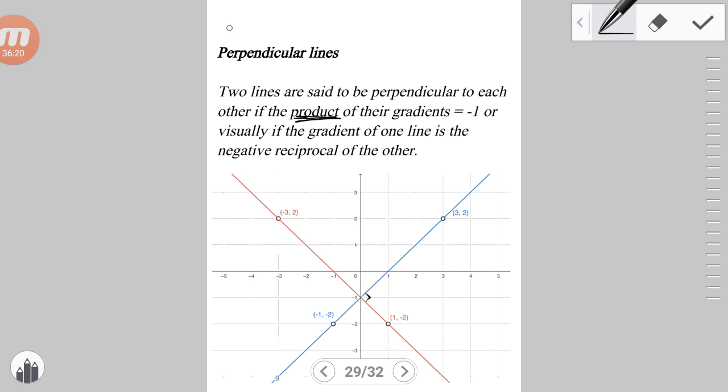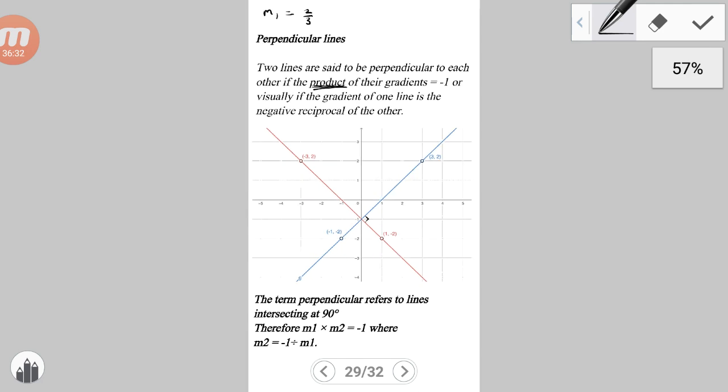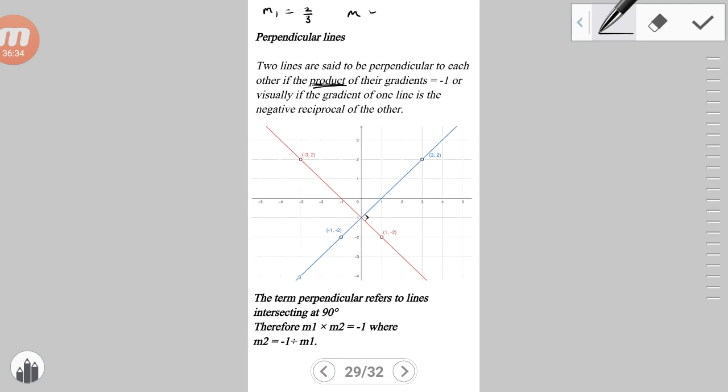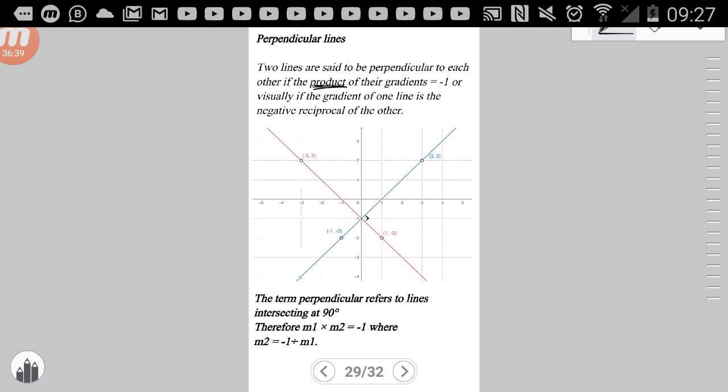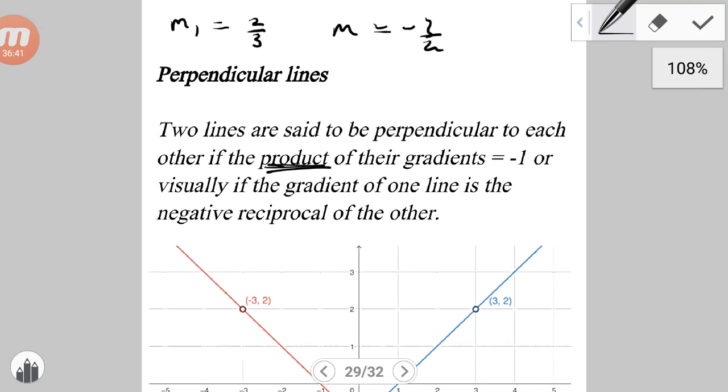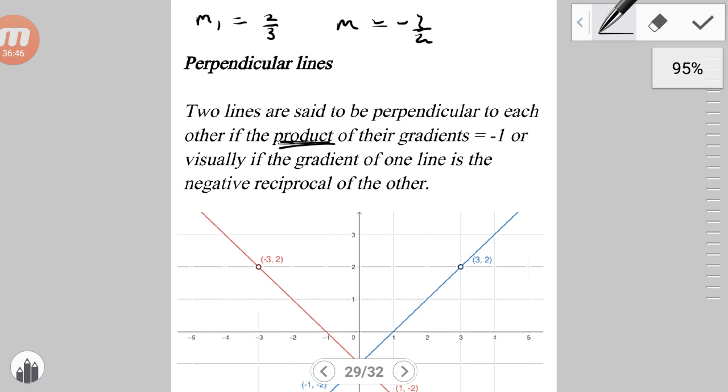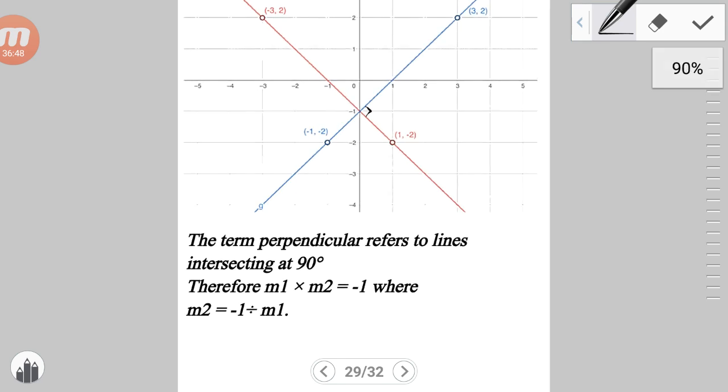Hypothetically speaking, if I work out the gradient of a line and end up with 2/3, and I work out the gradient of another line and it happens to be -3/2, then I can tell by calculation that the lines are perpendicular. Before we get to that, what does the term perpendicular mean? It refers to the lines intersecting at 90 degrees.